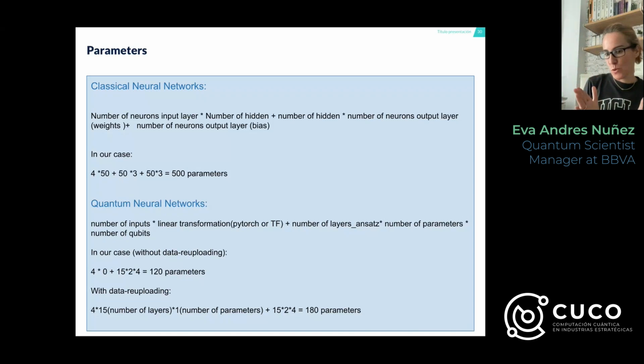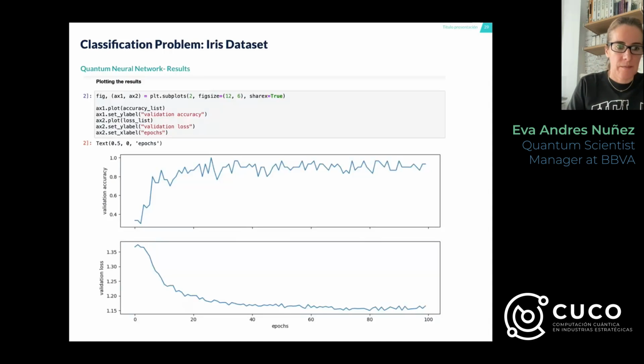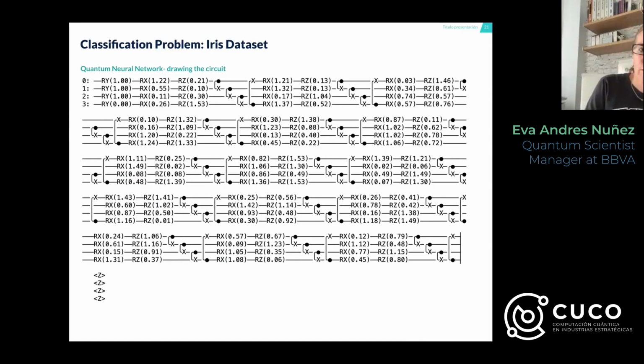I mean, how to better express the Fourier series that represents the data. So you have two types of learning parameters, in the encoding layer and also in the ansatz layer. And you repeat the ansatz layer several times, 50 layers for example, and also repeat the encoding layers 50 times. I put again the topology of the circuit in order to clarify it. This is the topology of the first approach without data reloading.